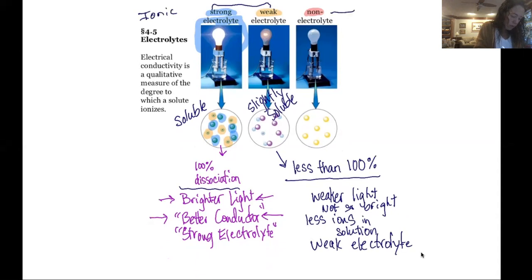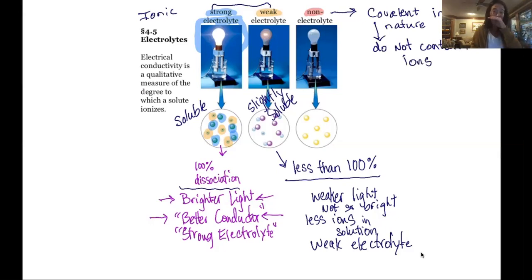Where this one here, this non-electrolyte, we typically think of it as covalent in nature, okay? Because covalent compounds do not contain ions. So when they dissolve, they do not dissociate into ions, right? No ions present.